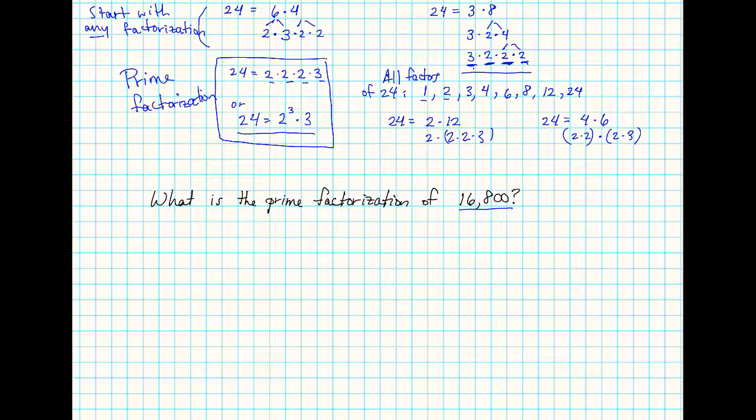Okay, for different people, it might be different things, but you might notice that this is divisible by 2. You might notice that it's divisible by 5. You might notice that it's divisible by 10 or by 100 by looking at the format of the number. So I'm going to go ahead and start with 100.